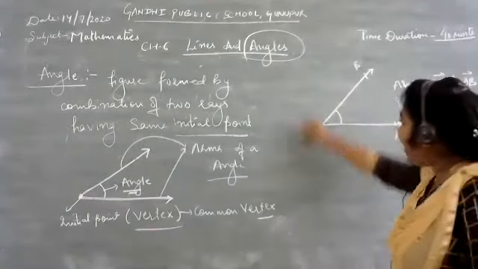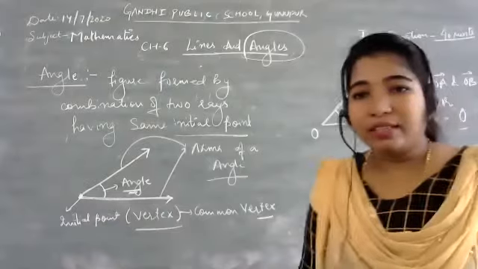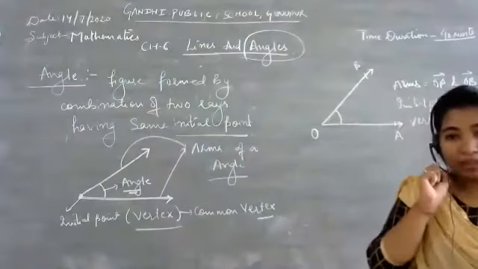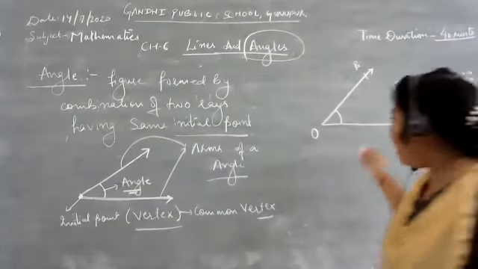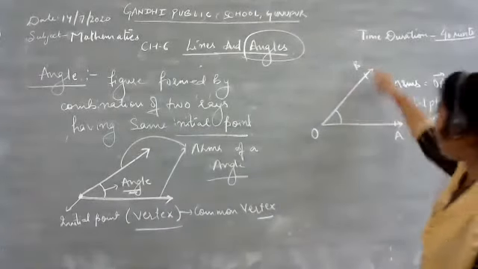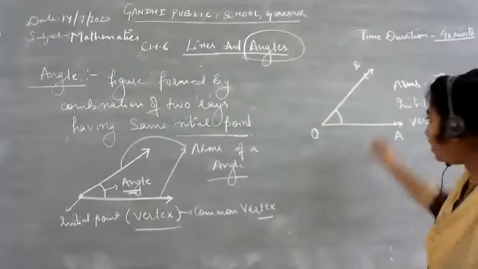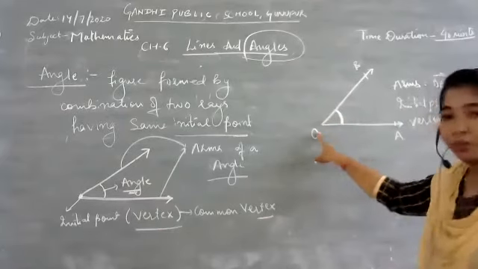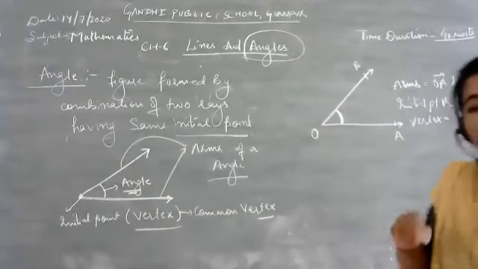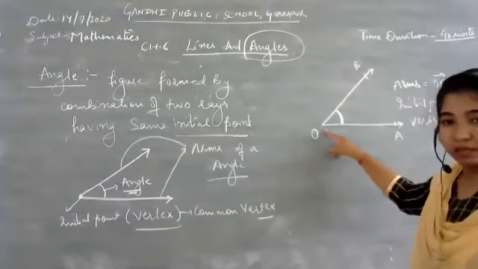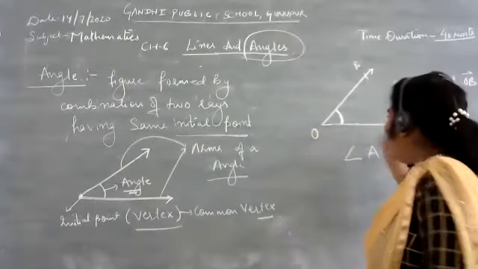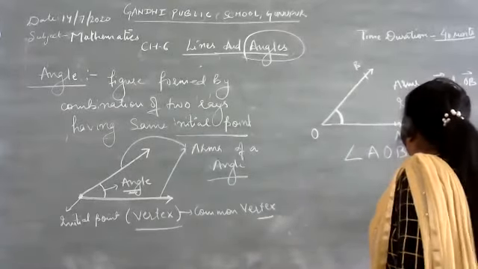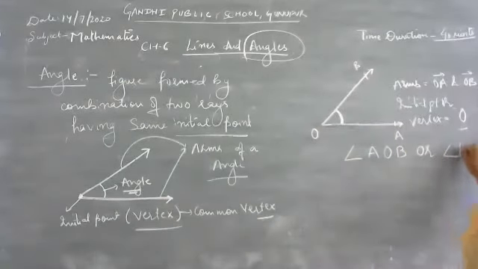So how will we name this angle? Always remember that while naming an angle, you take it in an anticlockwise or clockwise direction. With respect to the arms, you cannot say BAO. You have to name the angle in such a way that the initial point O comes in the center. So this angle can be named angle AOB or angle BOA.